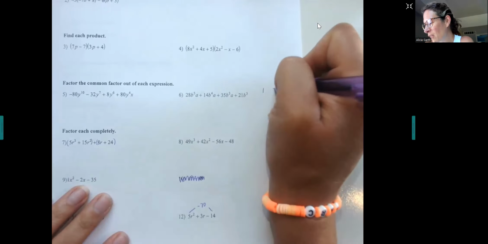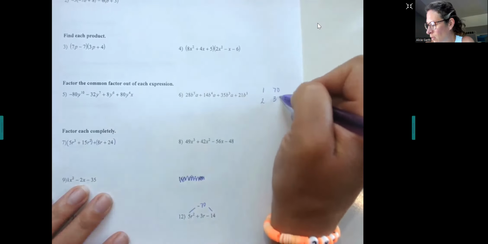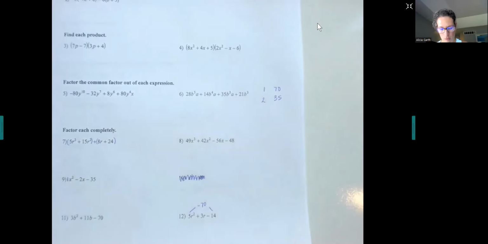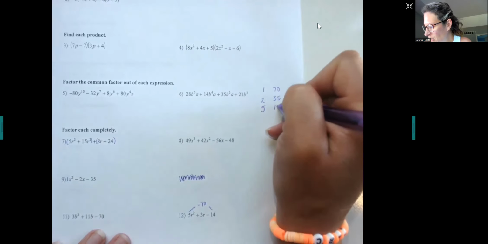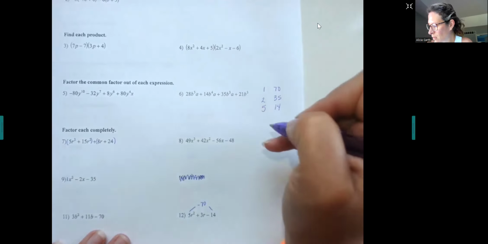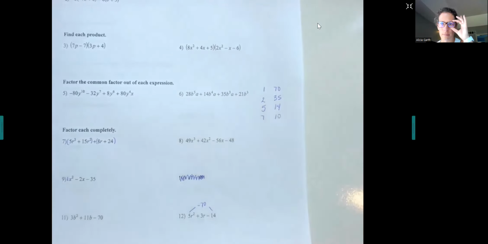So we are looking for the two numbers that multiply to negative 70 and add to a positive 3. Now, to get two numbers to multiply to a negative number, it's got to be one positive and one negative number. I'm going to list the factors of 70 up here. So my factors of 70 are 1 and 70, 2 and 35, 5 and 14, 7 and 10. These are the two numbers that multiply to 70.